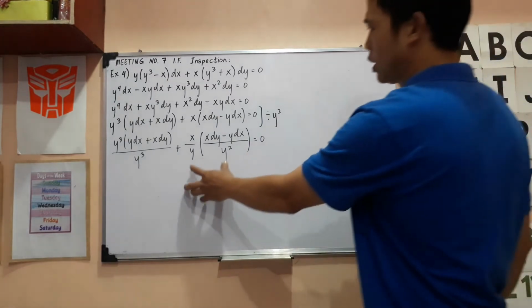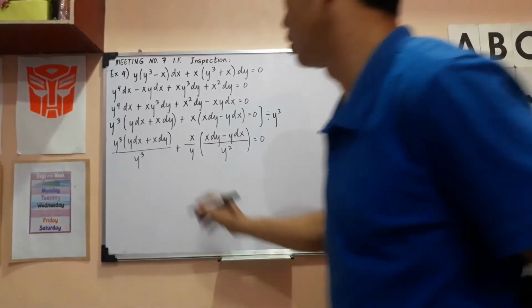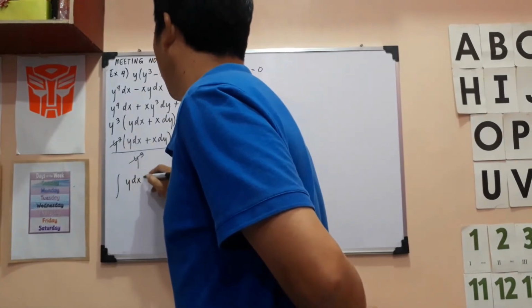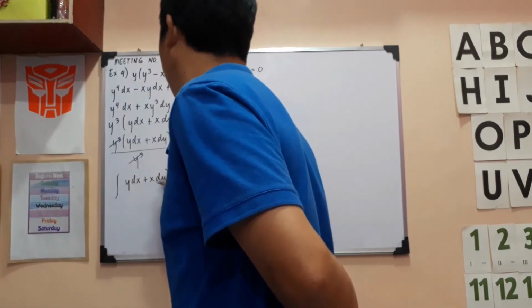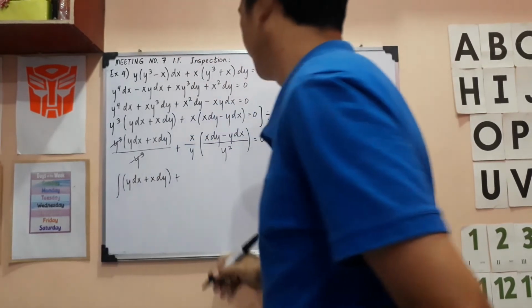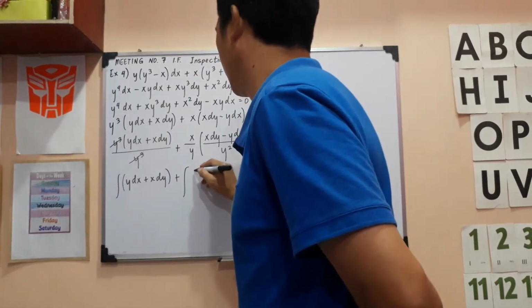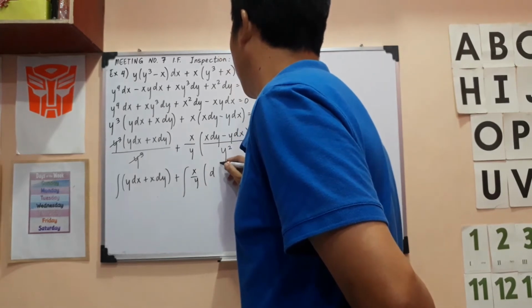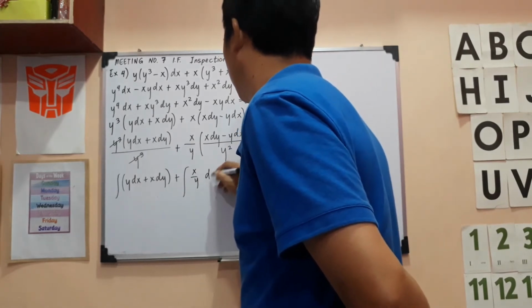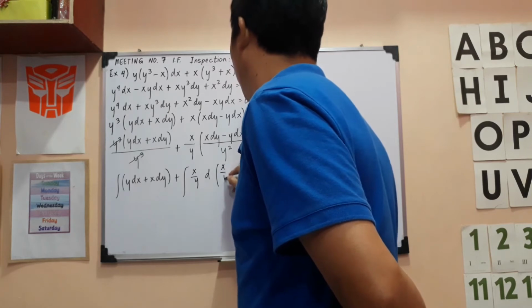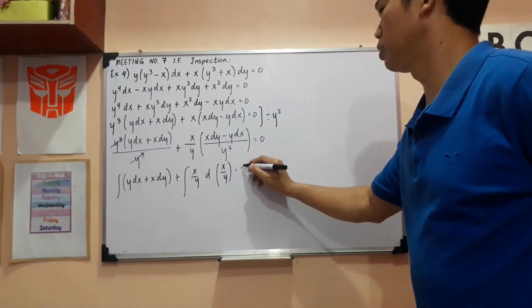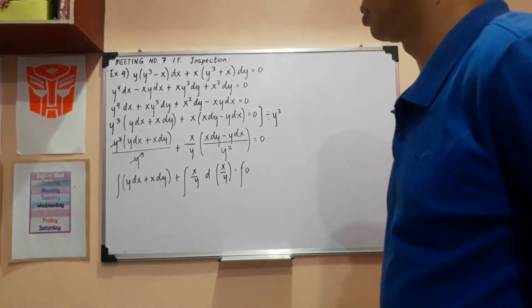So, still y cube pa rin yan dito sa ilalim. So, ano to? Cancel. So, we have now the integral of y dx plus x dy. And then, plus the integral of x over y. And then, this is the derivative of x over y. Di ba? That is equal to integral of 0.